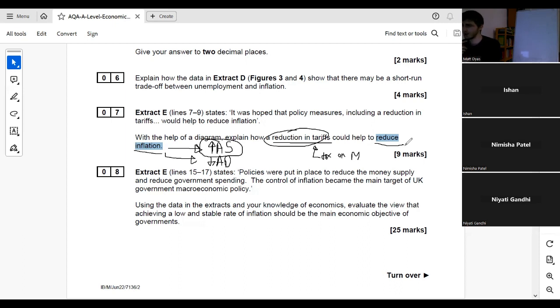How does that then relate to AD? Tariffs, cheaper imports, more demand for imports. How does that relate to AD? In the domestic economy, I should say.